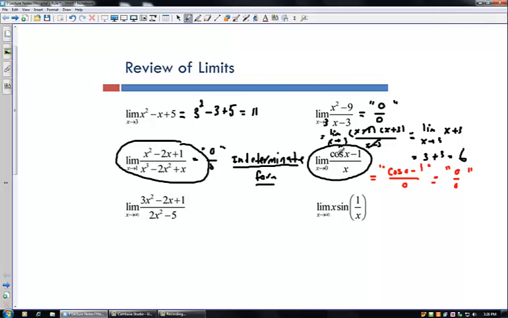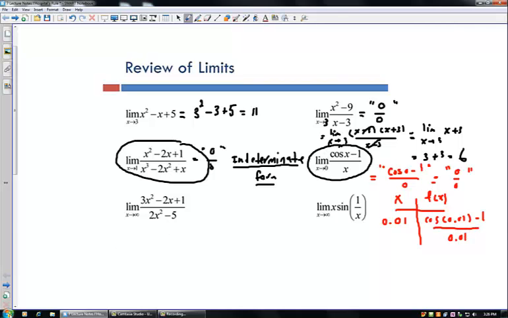Now when we figured out this limit, what we did is we plugged in points really close to 0. So I'd make a table here, let's say x and then your function f of x. And I plug in a number like 0.01. And so I take cosine of 0.01 and then take off 1, all divided by 0.01.